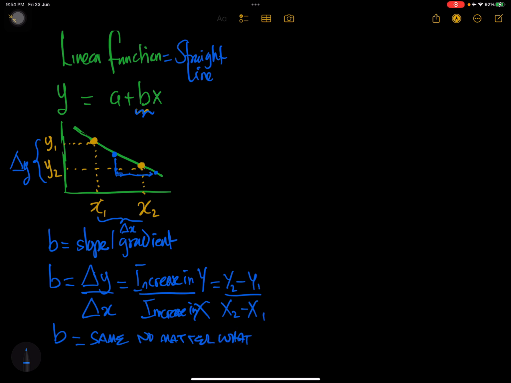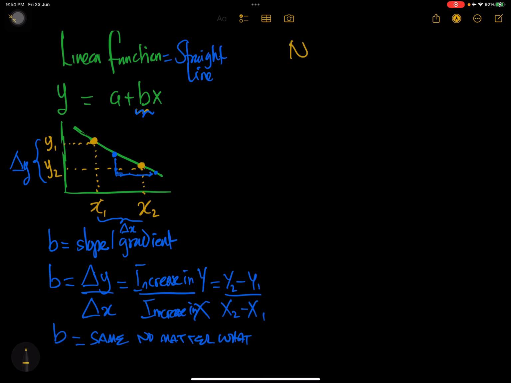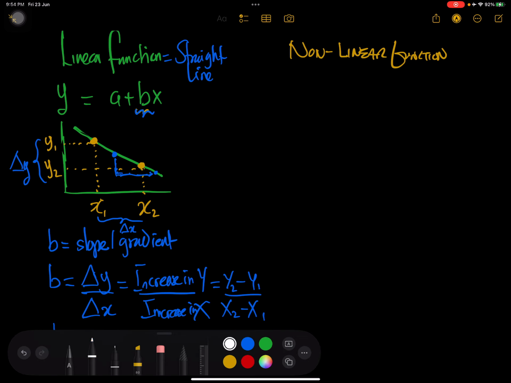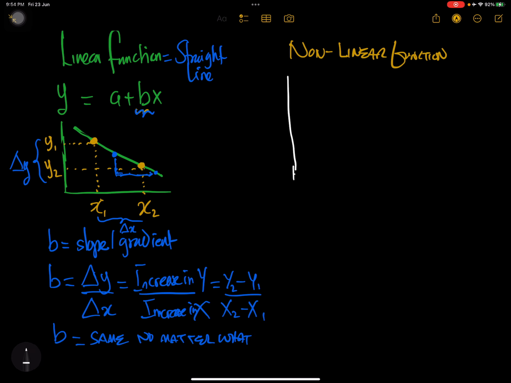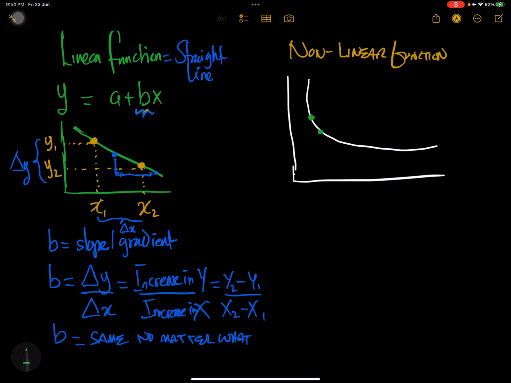But for today's video, we are looking at calculus, specifically differentiation. If we talk about a non-linear function, let's say a curve like this, and we have a point here, another one here, and another one here, you can tell that the b is going to be different.